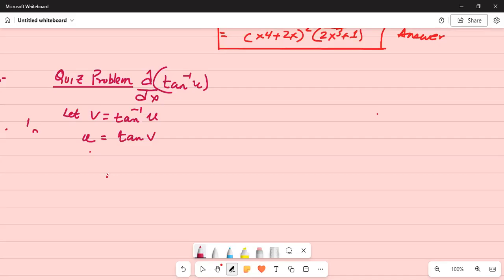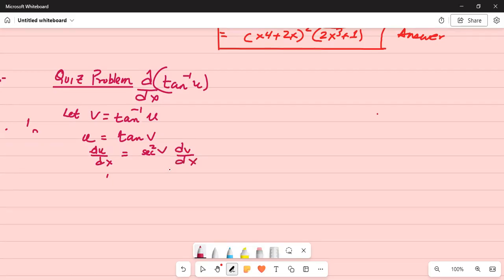The derivative of u with respect to x is equal to the derivative of tangent of v with respect to v, which is secant square v, and then we have dv by dx, the derivative of v with respect to x.